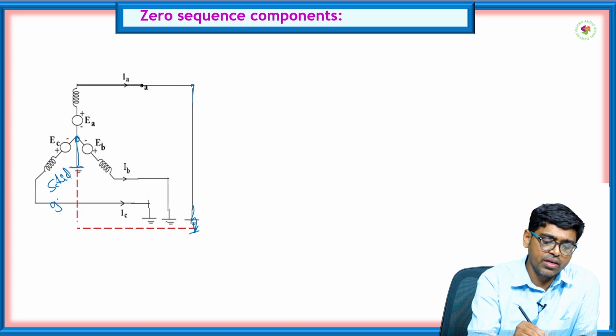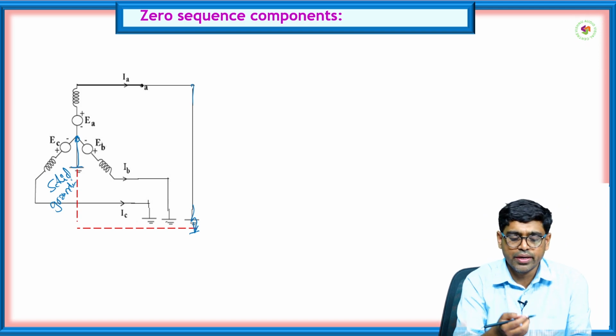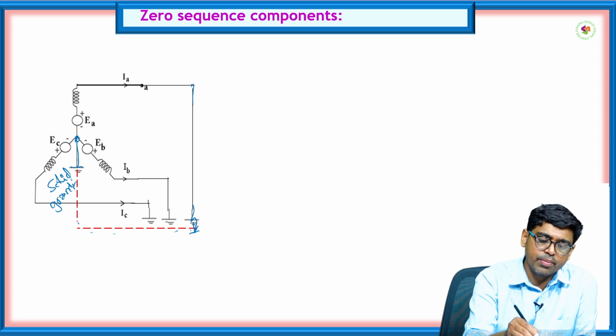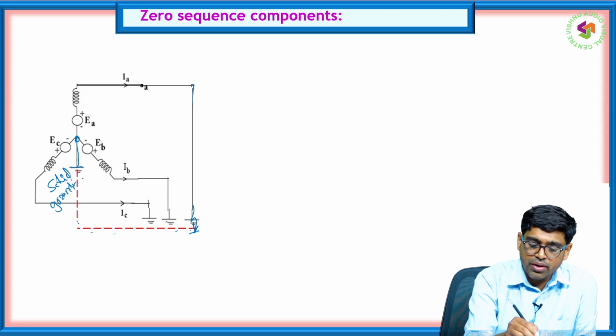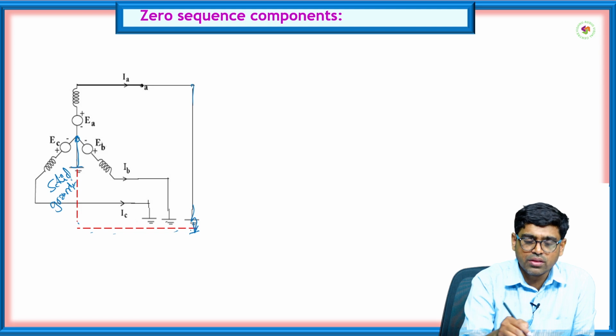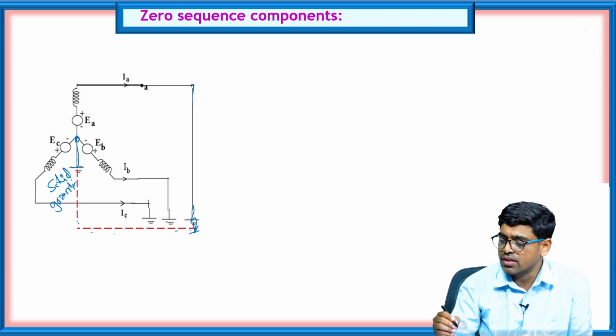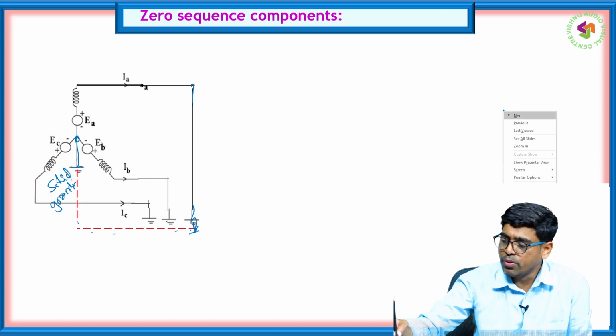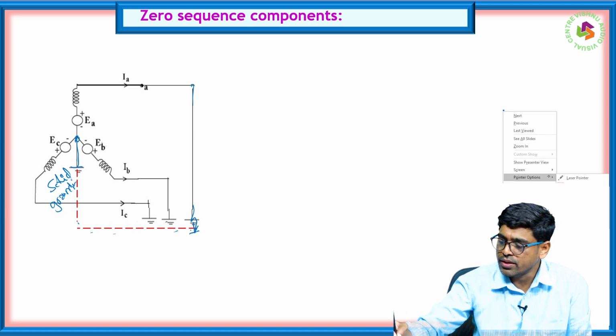We have different types of grounding: reactance grounding, resistance grounding, and solid grounding. With solid grounding, only then will the current path flow take place. If there is no neutral grounding, there is no possibility of circulating current from this fault point to that particular point.